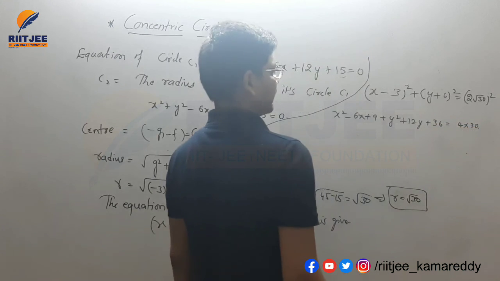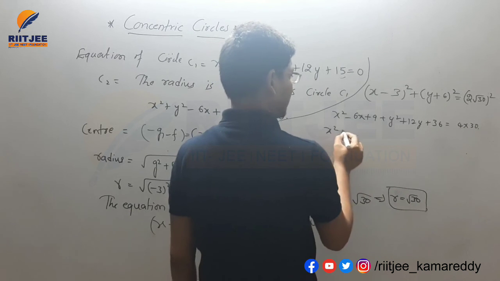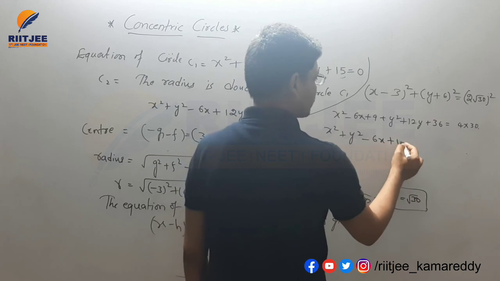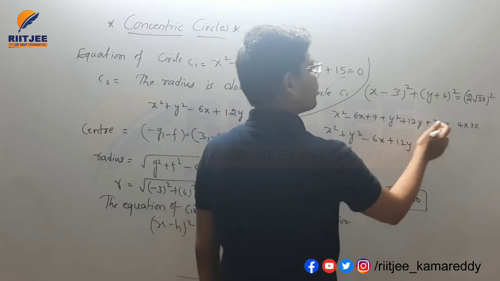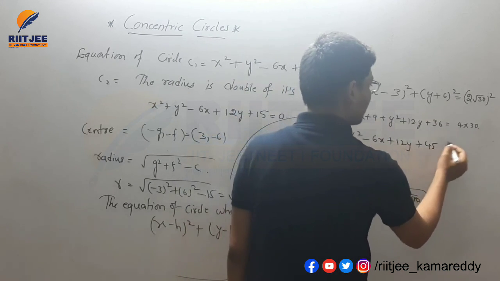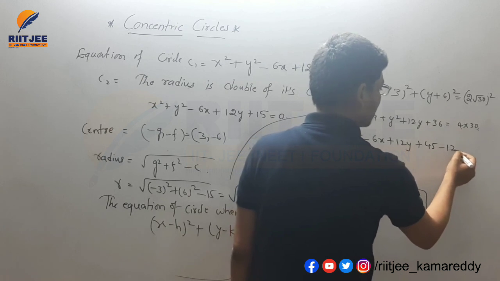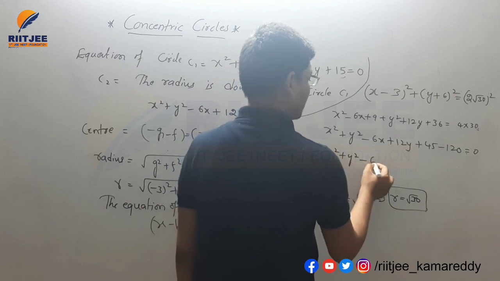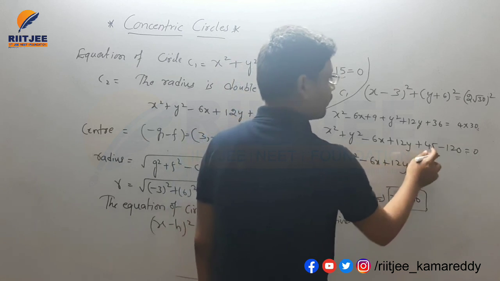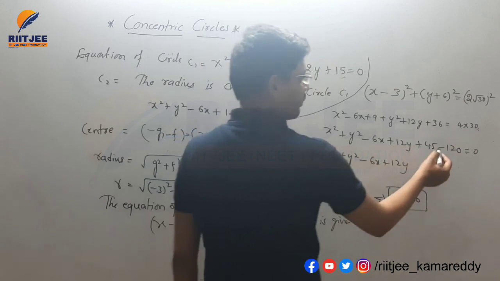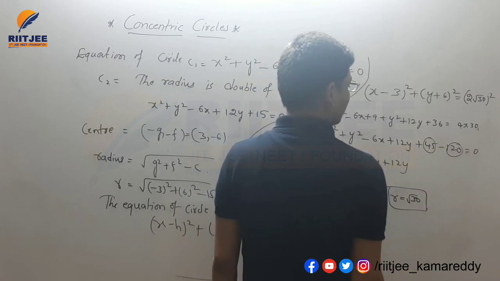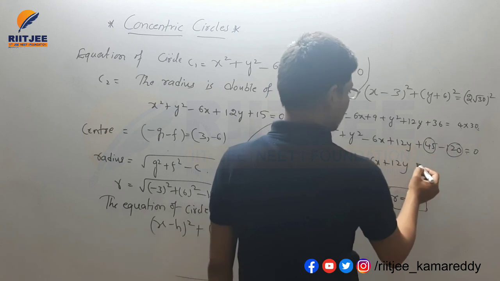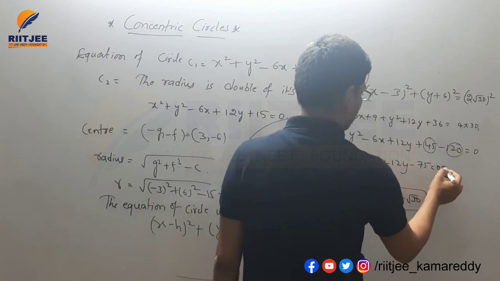Next, I am writing the terms together: x square plus y square minus 6x plus 12y, 9 plus 36 is 45, 4 into 30 is 120, so 45 minus 120 gives minus 75, and that is equal to 0. So x square plus y square minus 6x plus 12y minus 75 is equal to 0.